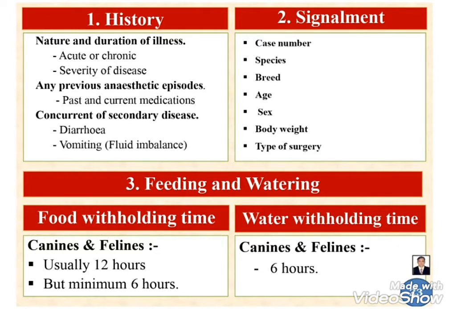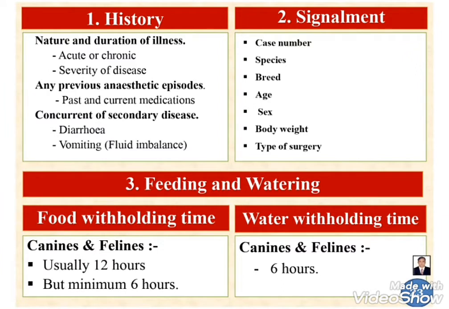Many times it has happened through misidentification of the animals, or even misidentification of the drugs, so the wrong drug is administered in a higher dose to other animals. If you don't want such accidents, take the perfect history and mention it perfectly.